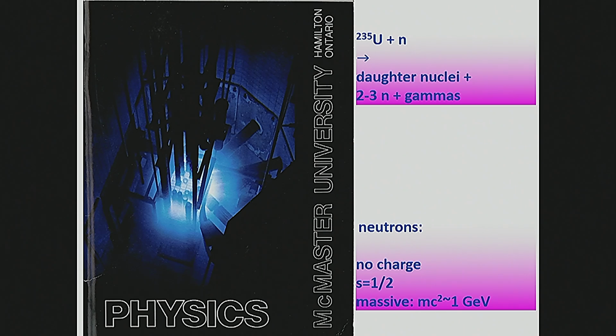It's an assembly of material containing uranium, and the reaction that keeps it going, which you already heard about, is uranium-235. That's a fissile isotope of uranium, which absorbs a slow-moving neutron, breaks up into 2 smaller nuclei, and gives out 2 or 3 neutrons in the process and some gamma rays.